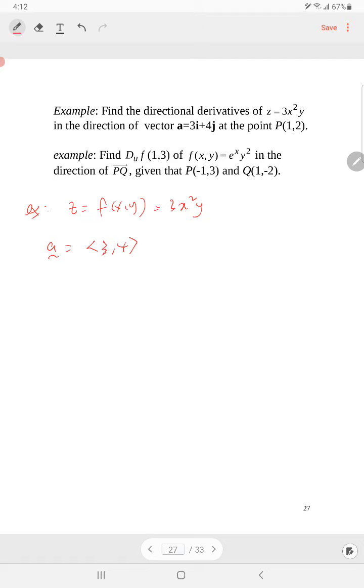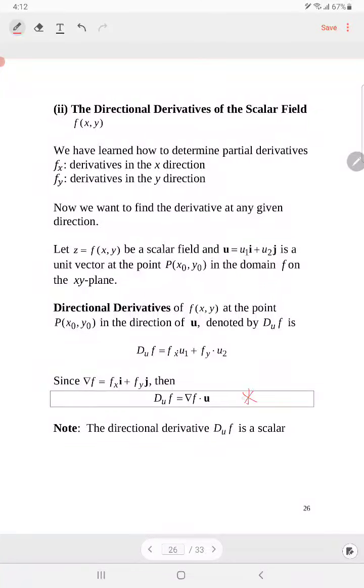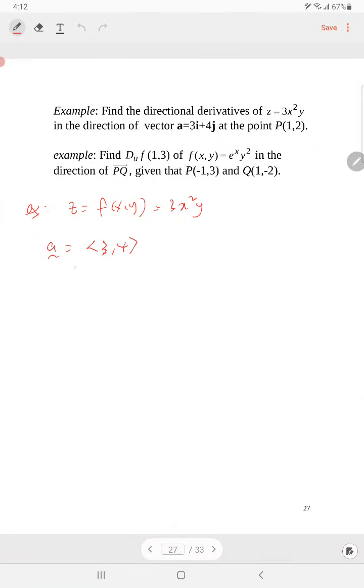You can see that a here is not a unit vector. In order for us to use this formula, the direction must be a unit vector.